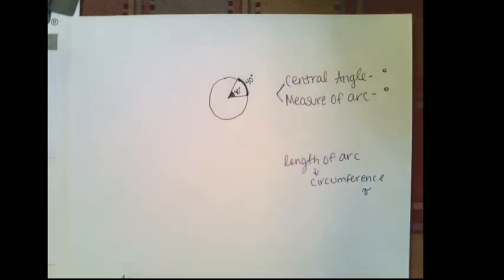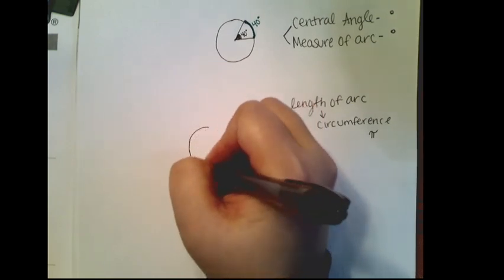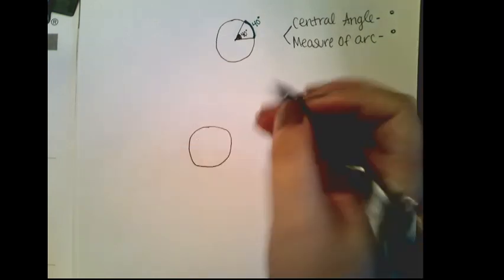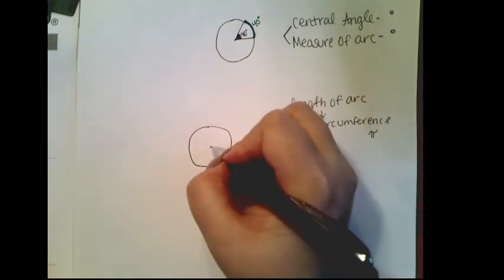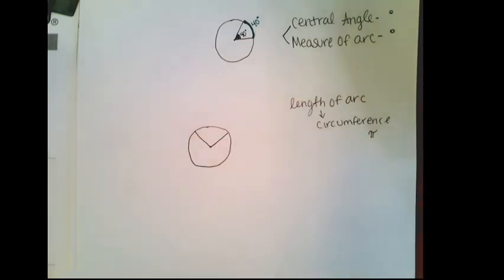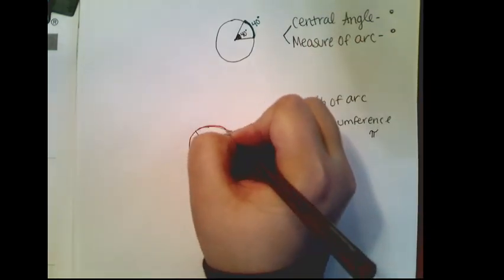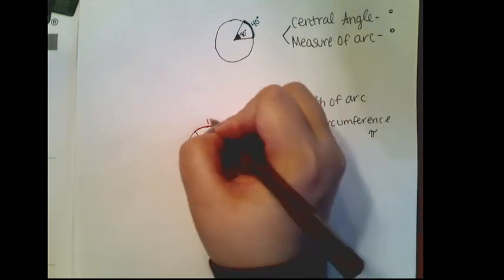So let's look at this another way. We'll go with another circle. Here's our center. So a nice big arc. We'll say that arc measure is 120 degrees.